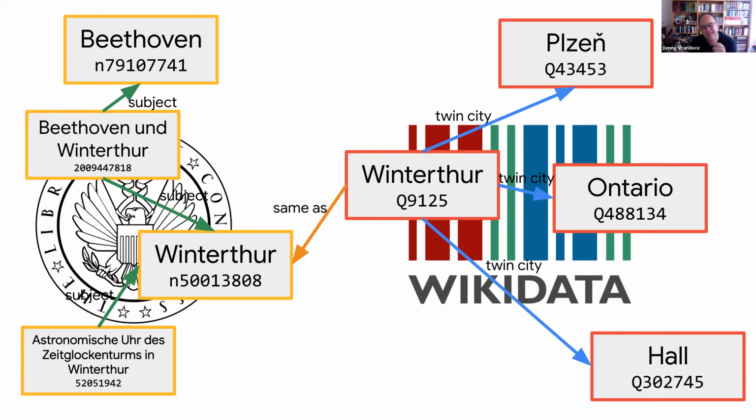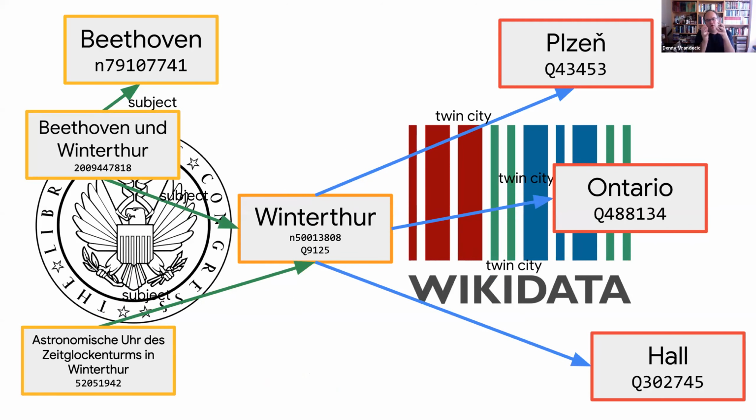And it basically says, this is the same thing really, those two identifiers are about the same real world entity. And if you want, you can treat them as just one node in our knowledge graph. And suddenly you merge the 18 million entities from the Library of Congress with the 80 million entities from Wikidata, and you get an even larger graph with more connections, with more knowledge, that you can explore across the different graphs.